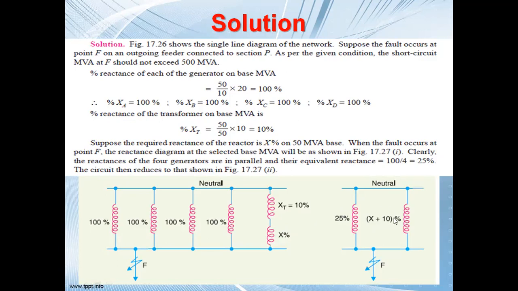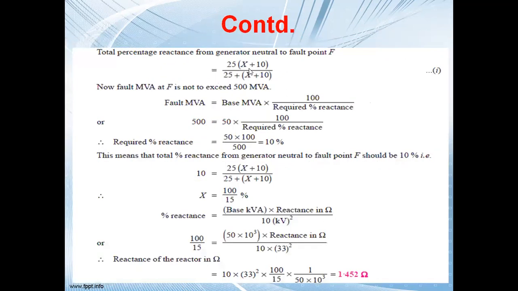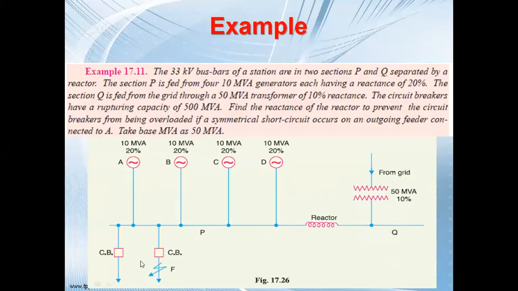Now these two are in parallel. X plus 10 is in parallel with 25%, so 25 into (X plus 10) by (25 plus X plus 10). Now this percentage reactance will apply in the formula. Fault MVA here is given as 500 MVA, because the short circuit capacity of this circuit breaker is 500 MVA.